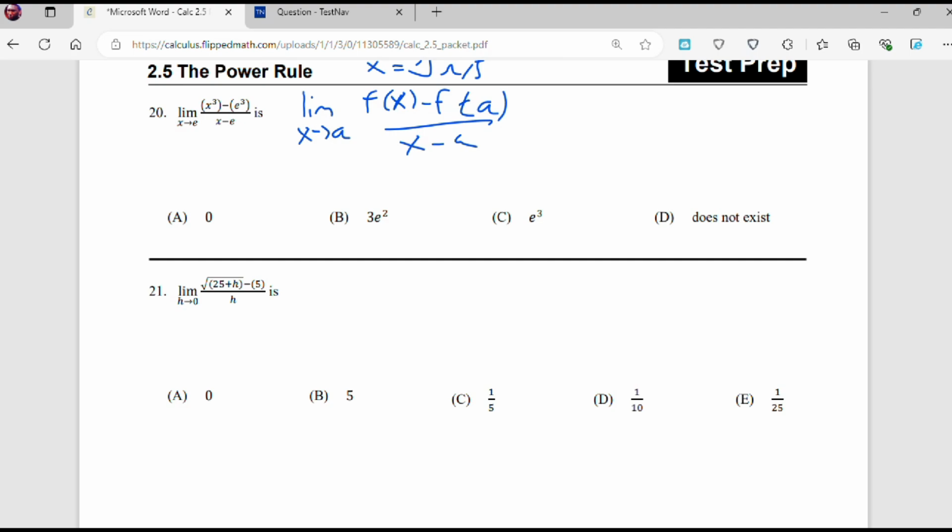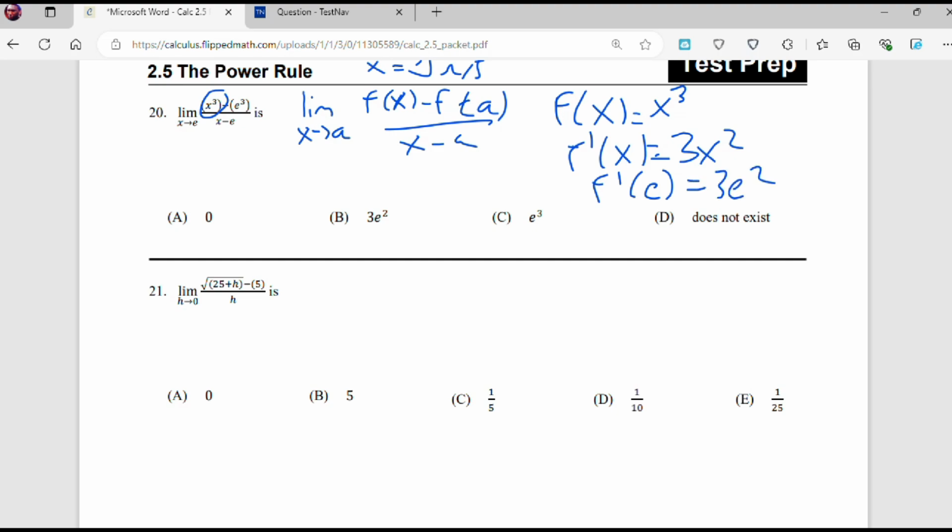And so f of x right here equals x cubed. So f prime of x, as we should know for power rule, is going to be 3x squared. And then it's at e, so it's going to be 3e squared. All right? I believe that makes sense.